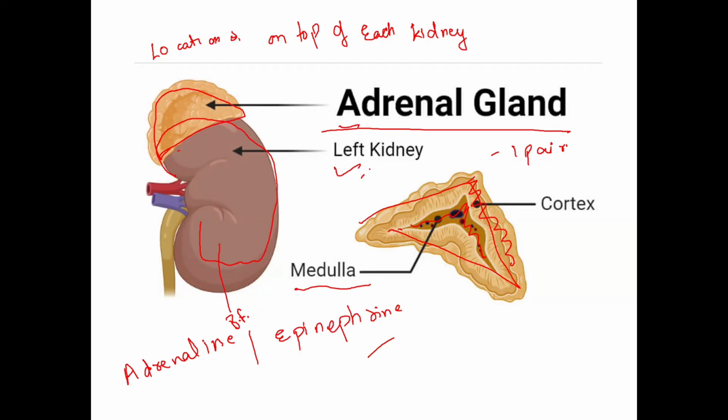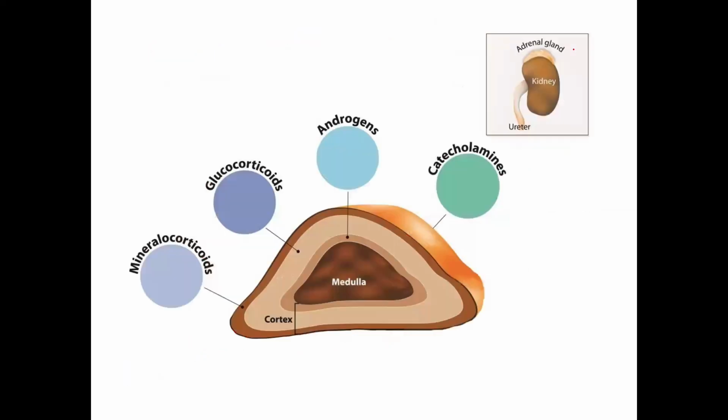So in danger or stress conditions, the adrenal gland releases adrenaline, or epinephrine, and it also regulates the concentration of salt and water. There are many hormones released by the adrenal gland, but you have to remember only one, which is adrenaline.